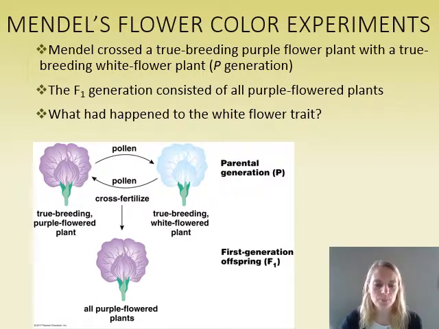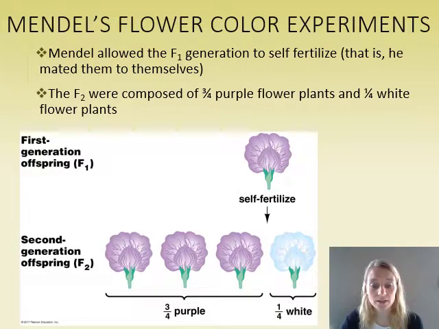I just put the same picture up there; I asked that question a little bit too early. So our true breeding purple plant and true breeding white get you a 100% purple F1 generation. So here's that question: what happened to the white flower trait? Well, here it is. This was the 100% purple, and then he self-fertilized, taking all of the pollen from that same flower to the female parts of that same flower.